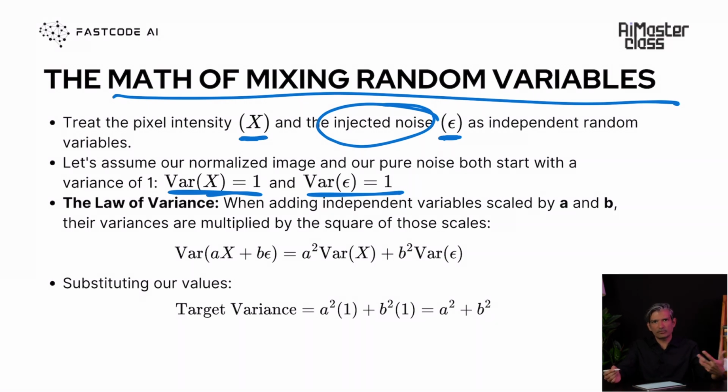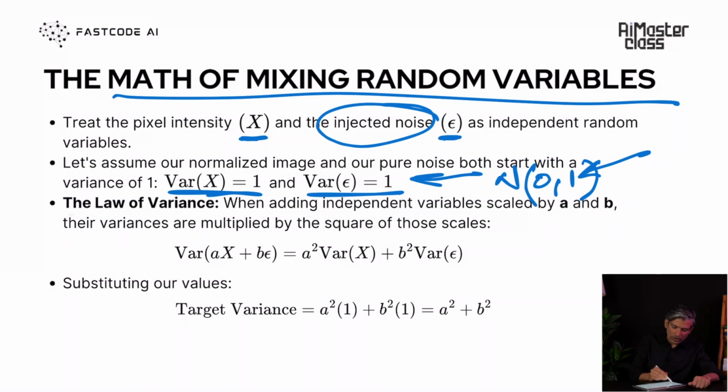This is possible because by design this is how we created them. We took the image, subtracted the mean, and divided by the standard deviation, so our variance is 1. Similarly for the noise, we sample from a unit Gaussian, so by definition we have unit variance noise.